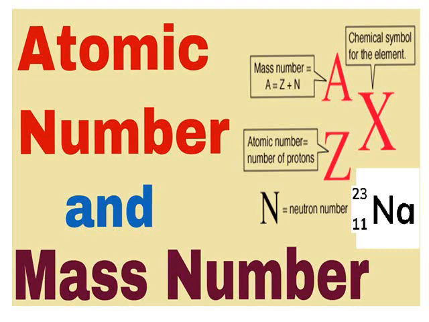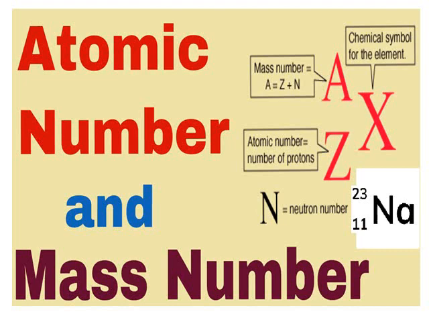Now let us extend our study to atomic number and mass number. So each element has 2 numbers. One is atomic number and the other one is mass number. All these numbers are related to the subatomic particles that we have studied: protons, neutrons and electrons.